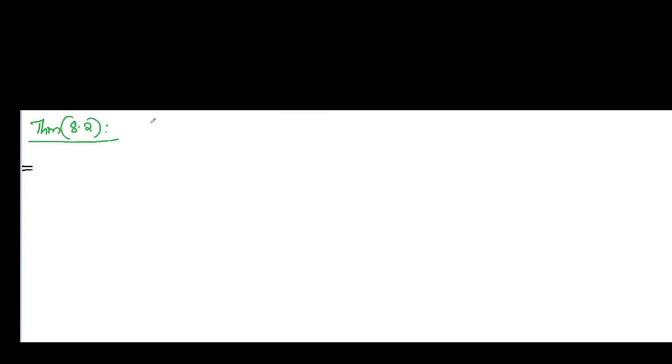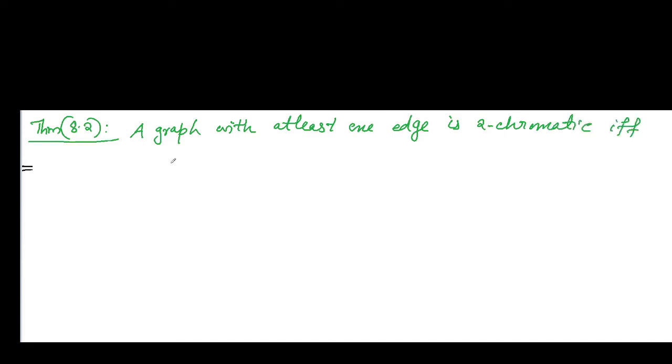Now this theorem says a graph with at least one edge is 2 chromatic if and only if it has no circuits of odd length.